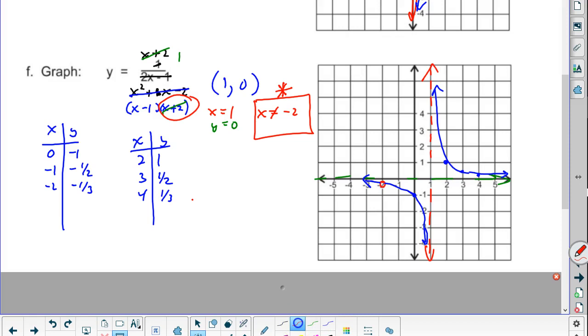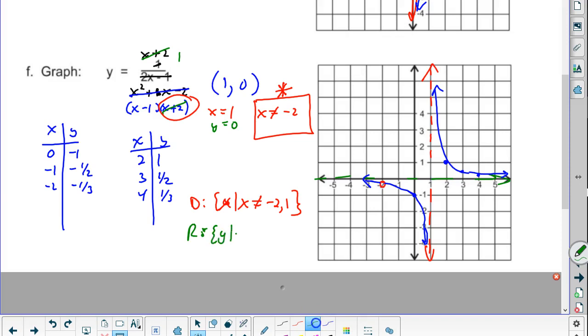Okay, so watch on the domain on this one. Right, this is going to be the set of all x's such that x does not equal -2, x does not equal 1. There are 2 excluded values, right? X can't be a 1, x can't be a -2. The y is a little trickier, the range.